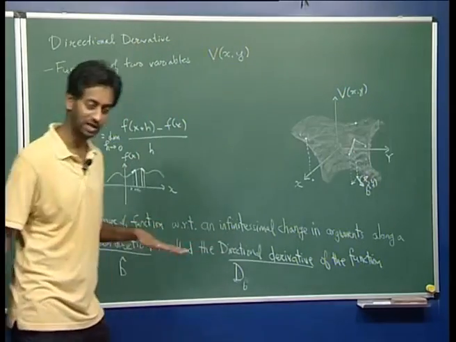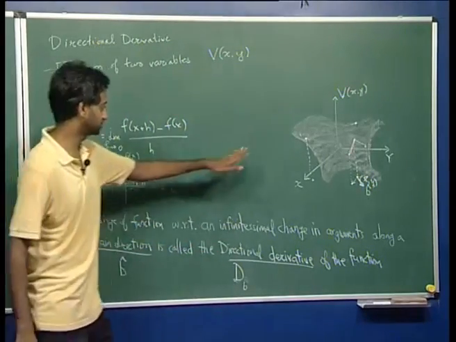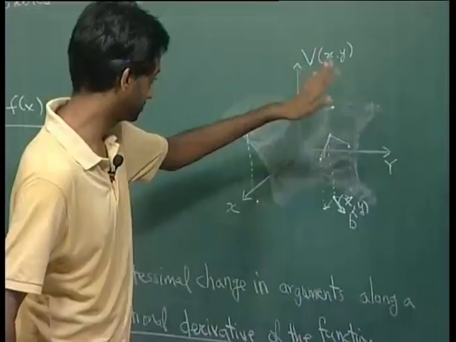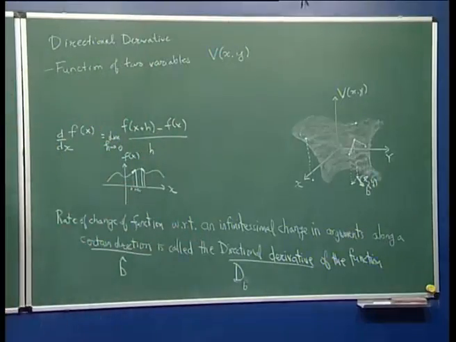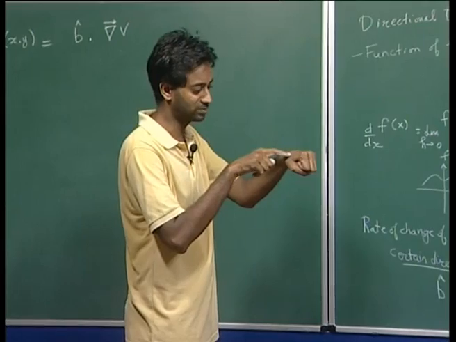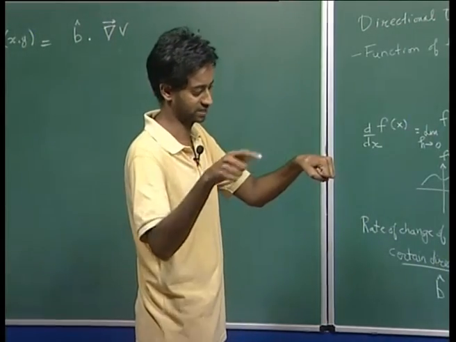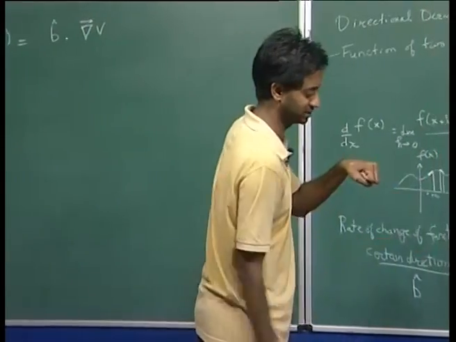You can imagine that you have this function of two variables, and it looks like some surface. You can think of it as a mountain and valley example. As you change x and y, you have z changing in the form of mountains and valleys, and you are sitting somewhere and you can ask how does my height change as I move in this direction, or in this direction.